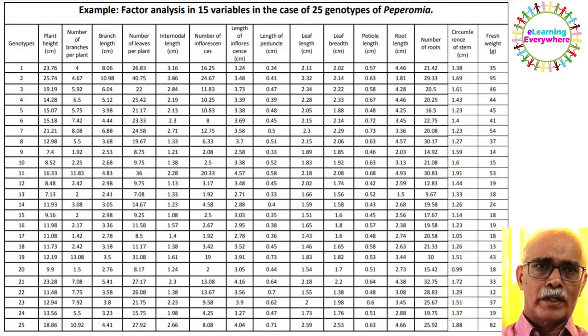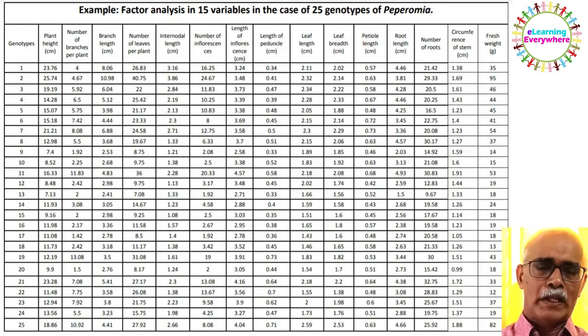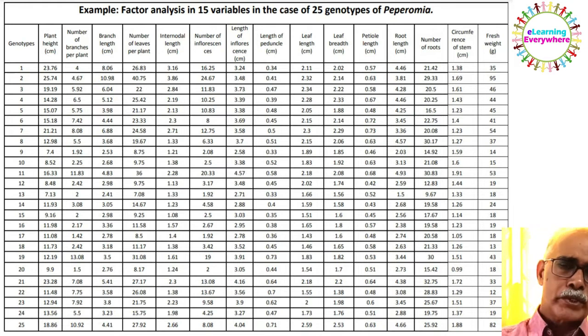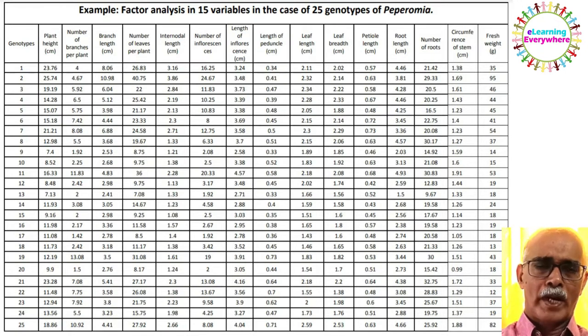The names of the 15 variables are given on the other side, and the mean value of each variable is plotted on the spreadsheet. And using this spreadsheet, you can proceed to carry out factor analysis in a statistical package.